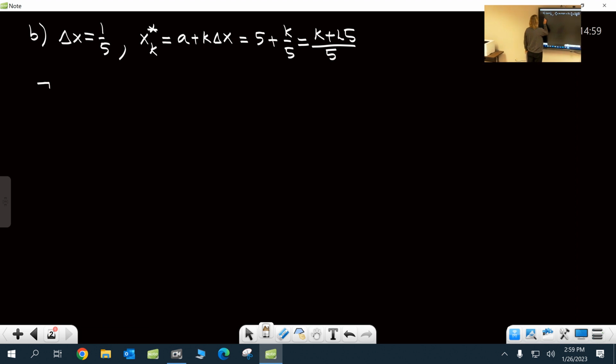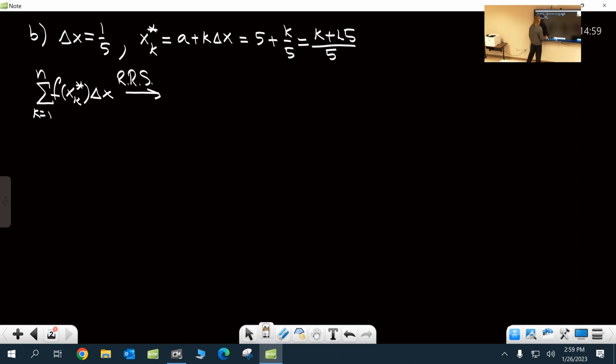Now we are setting up our sum. So just like before, because it is a good habit, I am going, not n, k in this case, technically this can be any letter. We are writing down the general form. Because I'm using the right Riemann sum, which changes again the input of my function, it is going to turn into the following. 75.